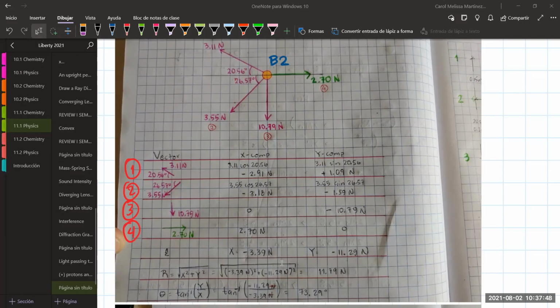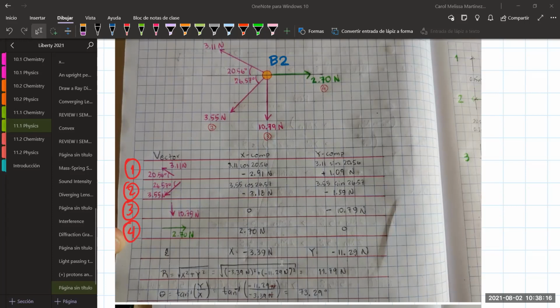And as you can see, 11.79 is bigger than 11.29. So we don't know if it's right, but at least it makes sense. And then in the last part, what we do is we apply the formula for the angle. And we say our tangent of y divided by x, and you get your answer to be 73 degrees.